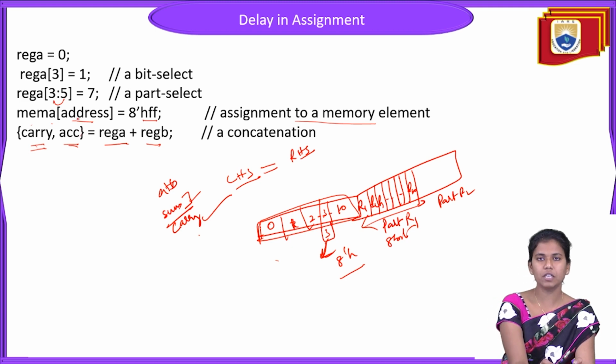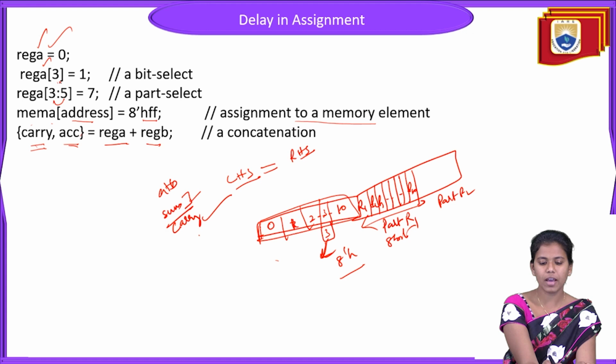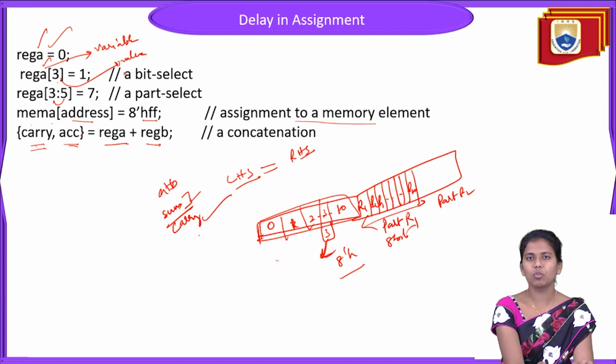So here, if you observe, this is the assignment operator. On the left-hand side are the variables, register A of 3, and these are the values. A is a variable and 3 is a value. So I am putting some value onto the variable.